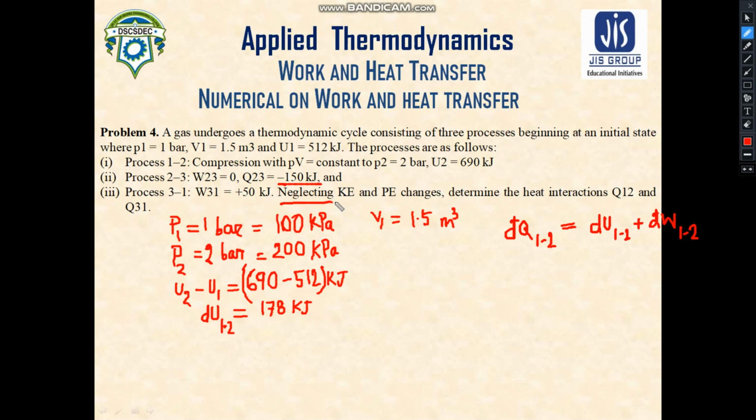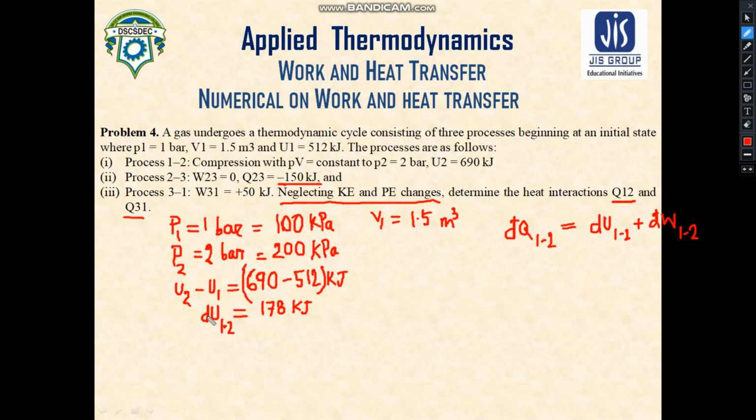Now you need to neglect KE and PE changes. Determine the heat interactions Q12 and Q31. Since your question is to find Q12, it involves the process 1 to 2, and the answer to Q31 will be found when you deal with the process 3 to 1.